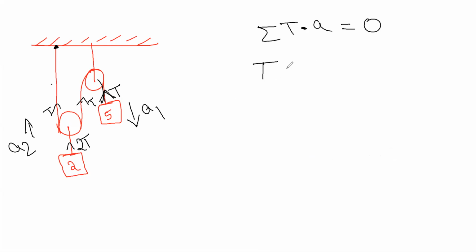Acceleration is A1. It is dot product, means cos theta. The angle is 180 degree, so you will get -1, correct? T dot A means TA cos theta. So TA cos of 180, because both are in opposite direction, you will get -1.